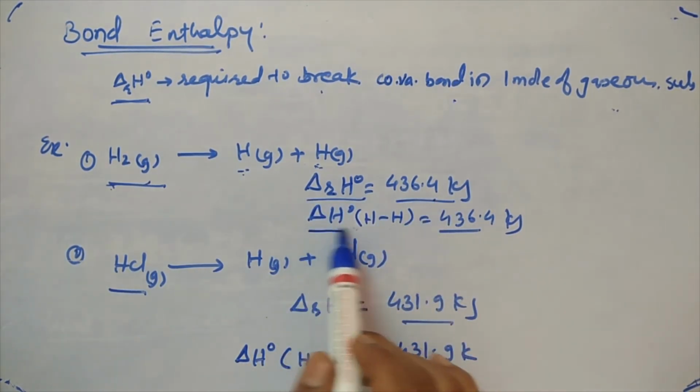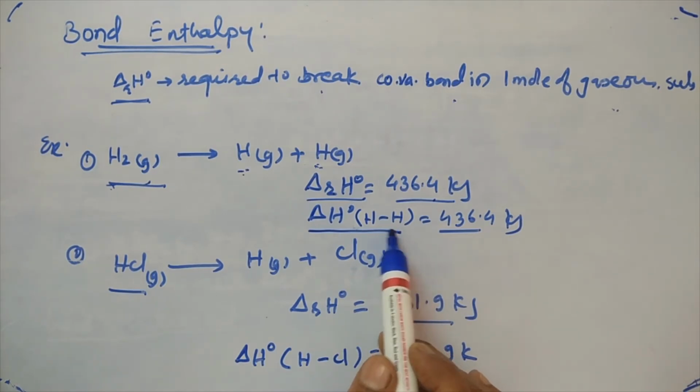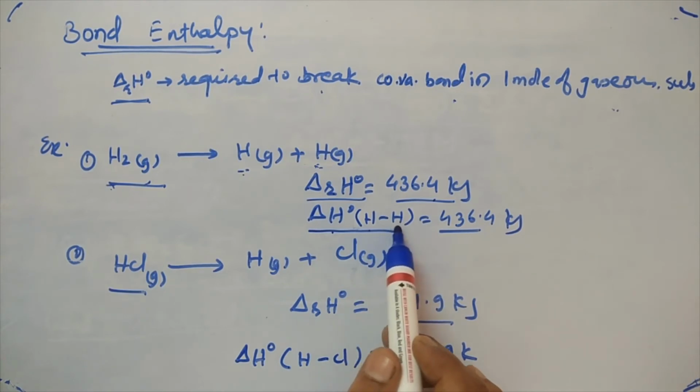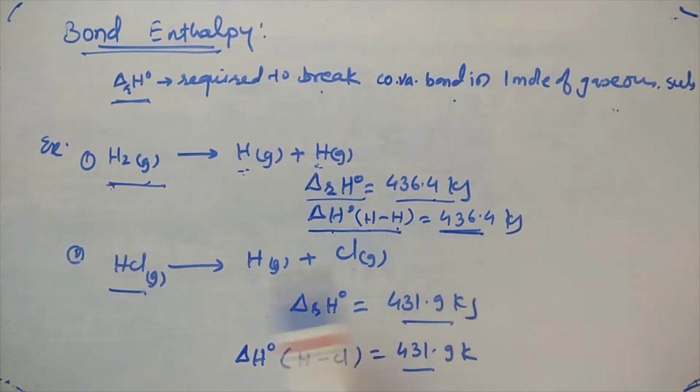This is also denoted as ΔH° of the H–H bond, equal to the same. Here is one more example, HCl. The covalent bond between H and Cl breaks, forming separate hydrogen and chlorine fragments, and the bond enthalpy is 431.9 kilojoules per mole. This is also denoted as ΔH° of the H–Cl bond, equal to 431.9.